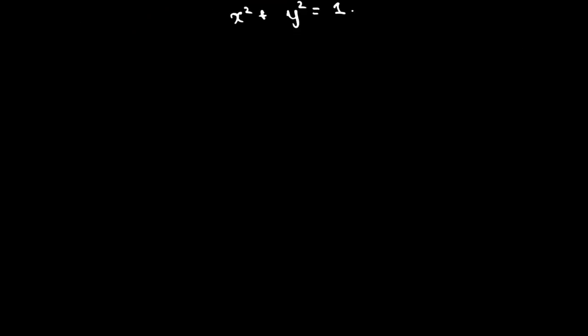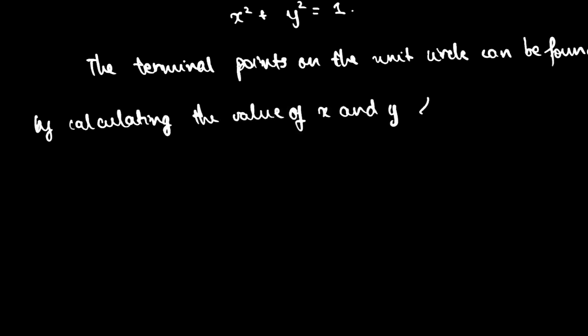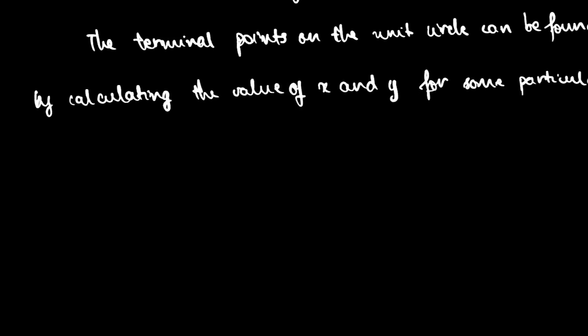In order to find the terminal point on the unit circle, you have to evaluate the value of x and the value of y. The value of x can be evaluated by letting x equal to cosine of theta or cosine of t, and y is equal to sine of theta or sine of t. So the terminal point can be found by calculating x and y for some particular angle t.